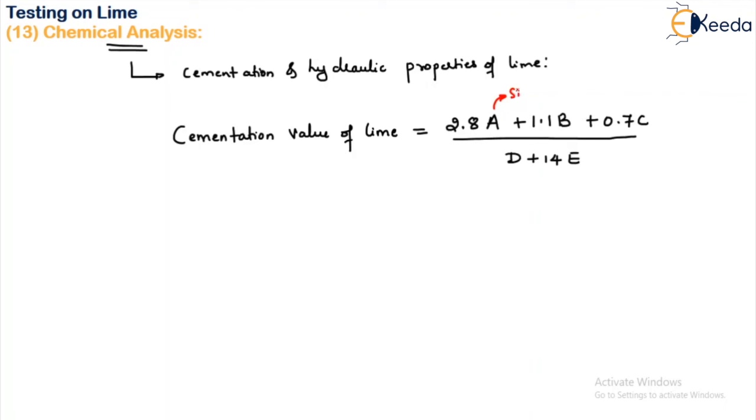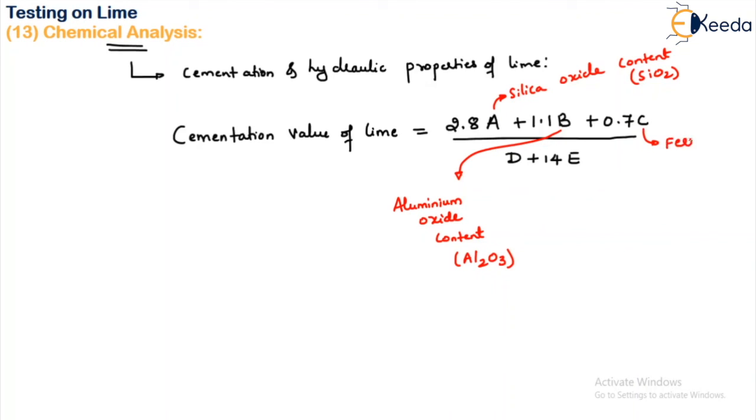A is the silica oxide content, which is SiO2. Then B is the aluminium oxide content, which is Al2O3.